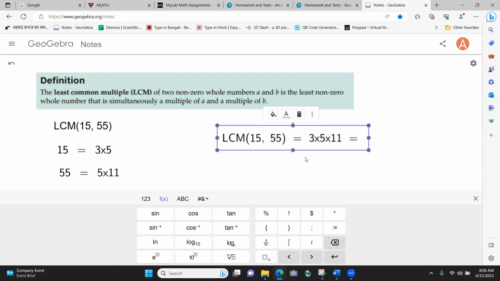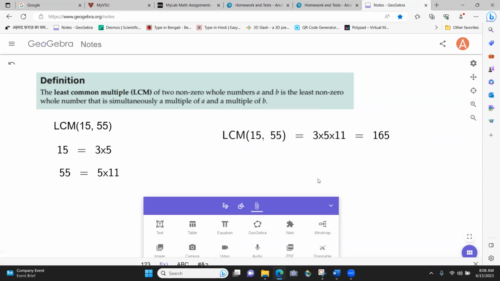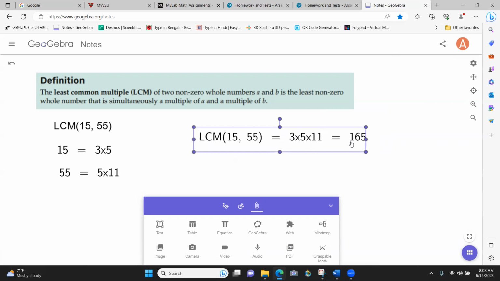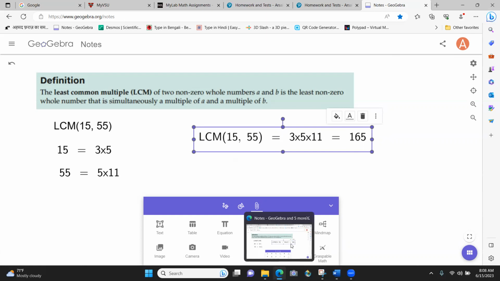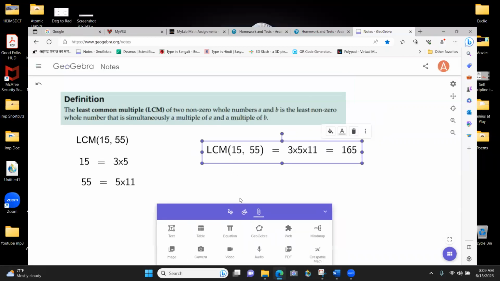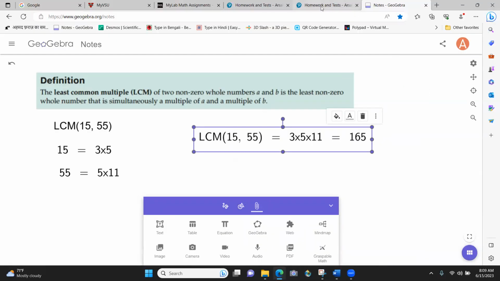And that is 55 times 3. I believe it'll be 165. Let me double check. That's right. Now I'm going to prove to you using my calculator that 165 is a multiple of both 15 and 55. It's, of course, the lowest one.